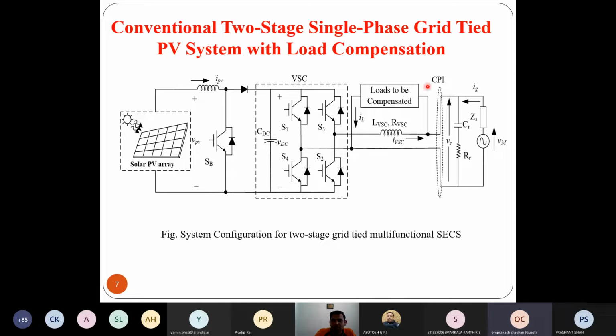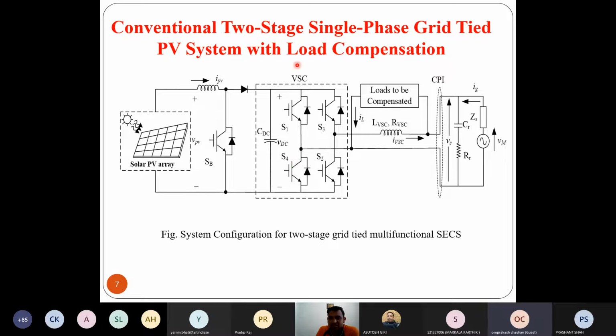So what is the solution? We can connect here, and remember toward the hardware side. So these are the hardware components. Solar PV is also available. Boost converter is also available. These are the hardware devices, physical devices which are available. Few sensors we require to implement that with the load compensation.